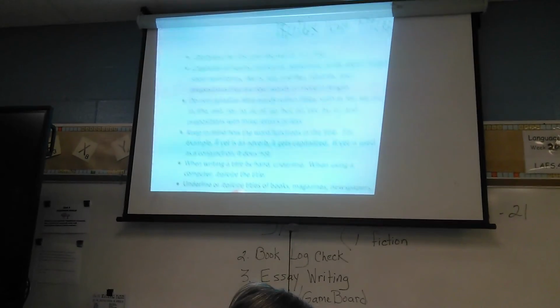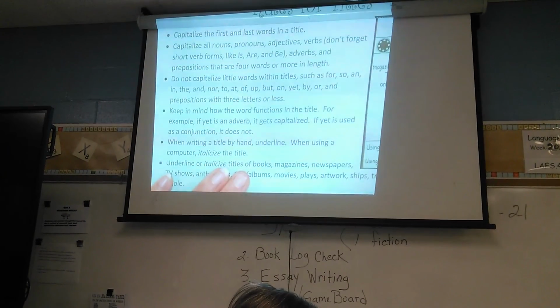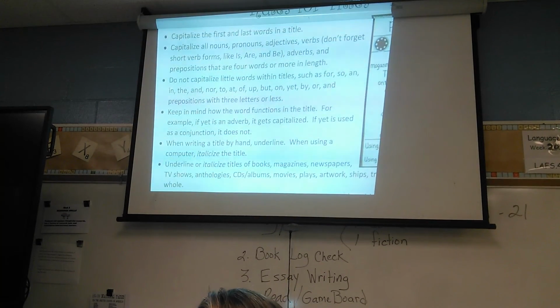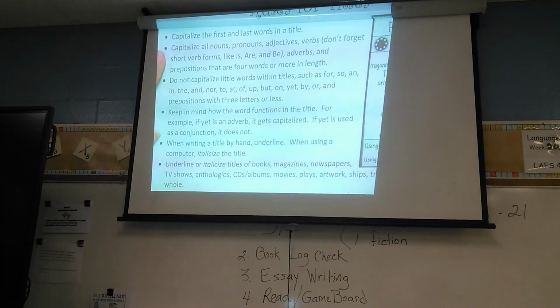The text here talks about which words need to be capitalized in a title. The first and the last word is always capitalized, regardless of how large it is. Capitalize all nouns, pronouns, adjectives, and verbs. Don't forget short verb forms like is, are, and be.